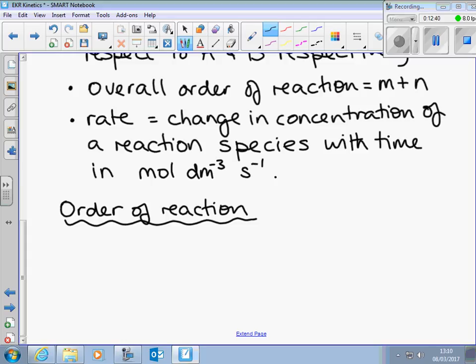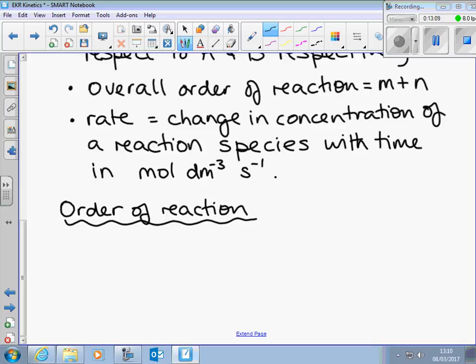You can have reactions involving more than that, but we're going to stick with two reactants. And if you're investigating the effect of concentration, what you have to do is to take one reactant at a time. You keep one of them constant concentration, and you vary the concentration of the other. And you measure the rate so that you can see what effect varying the concentration of whichever you've chosen has on the rate of reaction.